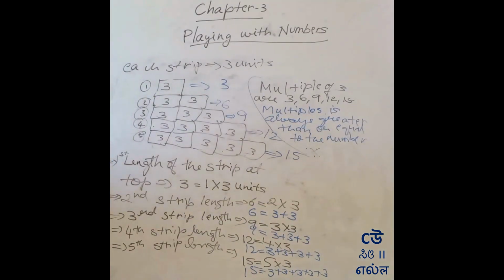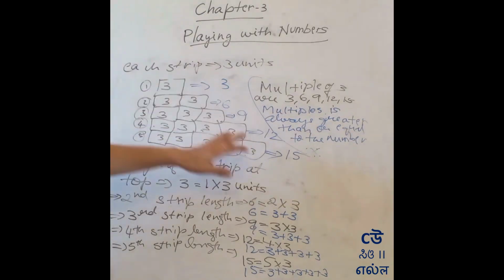Okay. For example, if you take one more number, that is 4, multiples of 4 if you take, you will get numbers as 4, 8, 12, 16, 20, 24, and it keeps on going, but these numbers are also greater than or equal to that number. Okay.